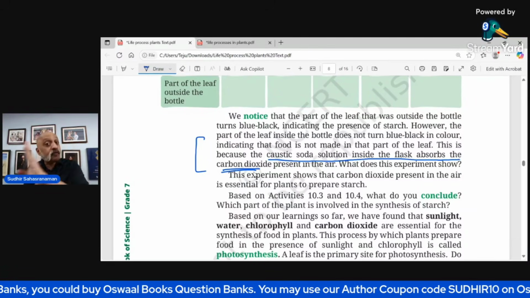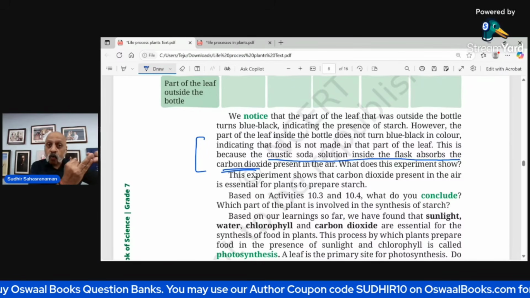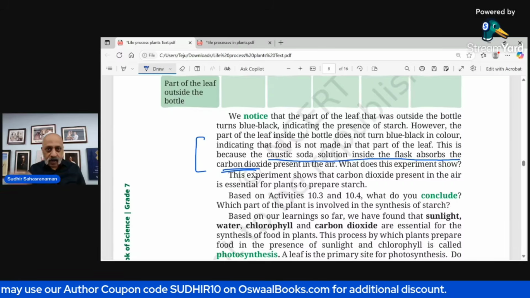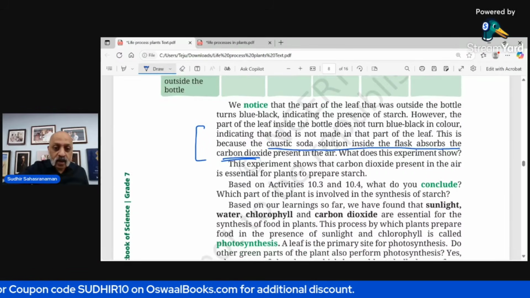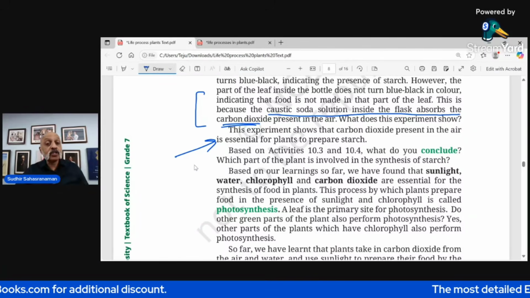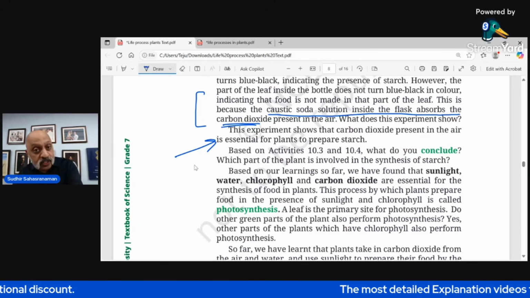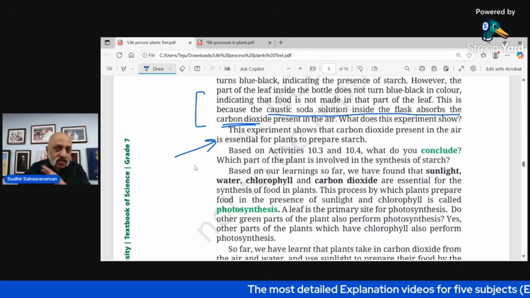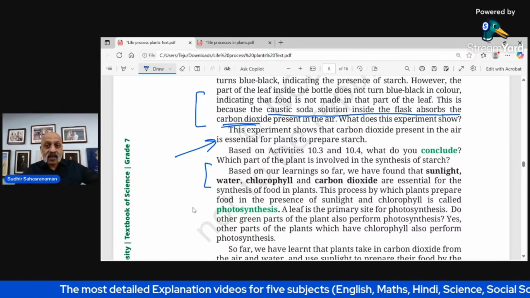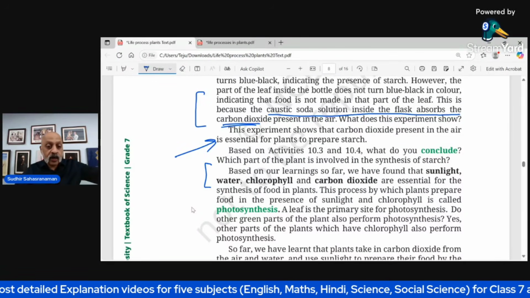So now we have the fourth element: sunlight, water, chlorophyll, carbon dioxide. Understood? Please keep noting it. So this experiment shows that carbon dioxide present in the air is essential for plants to produce food, which is starch. Now, based on all this, what have you concluded? What I just now told you: sunlight, water, chlorophyll, carbon dioxide.